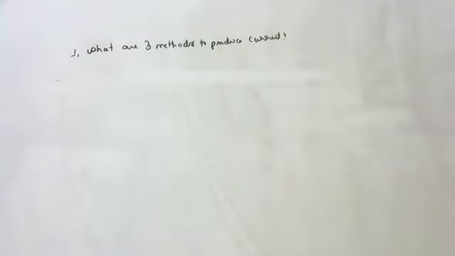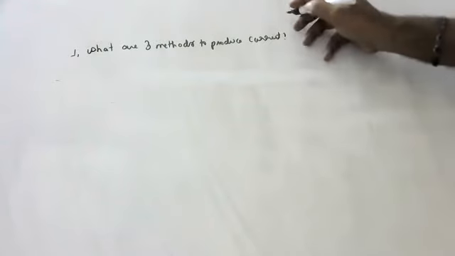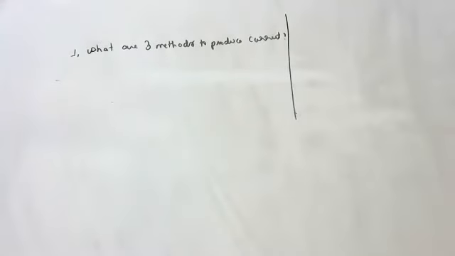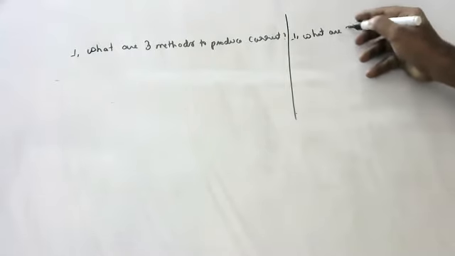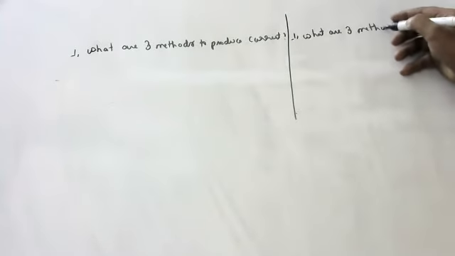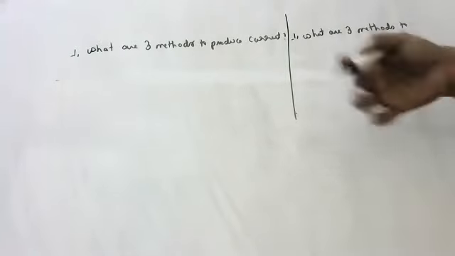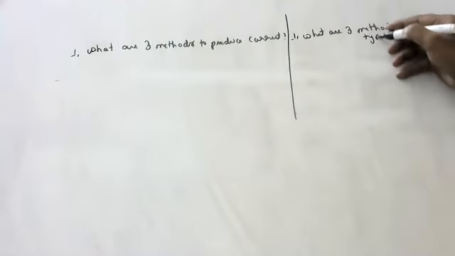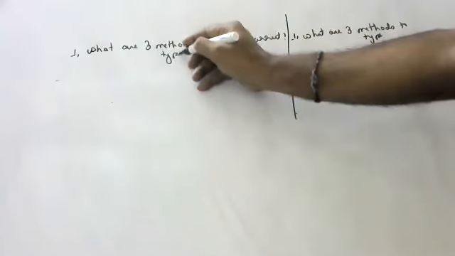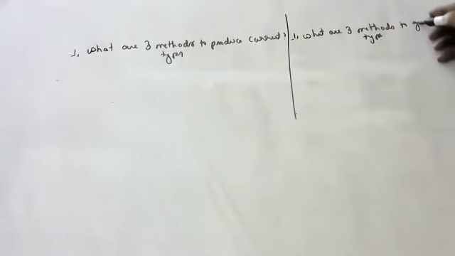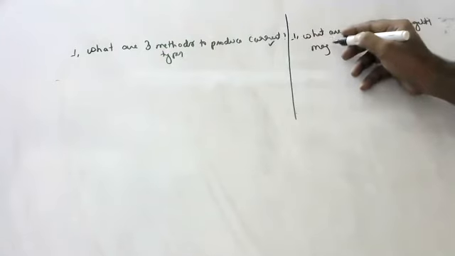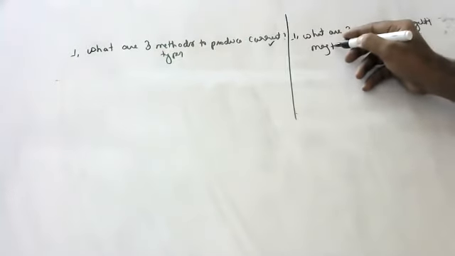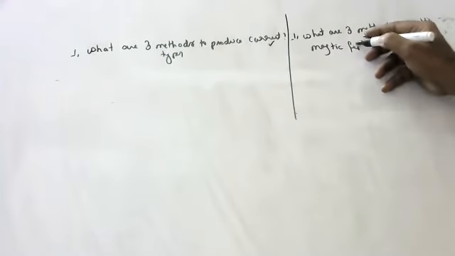This was the question. And the other question was, what are the three methods we studied of getting a magnetic field? So, what are three methods to produce current, and what are the three methods to produce a magnetic field?